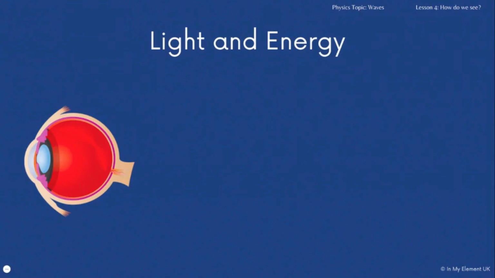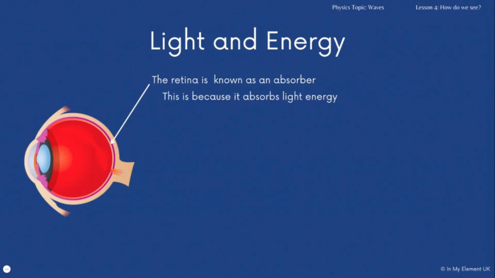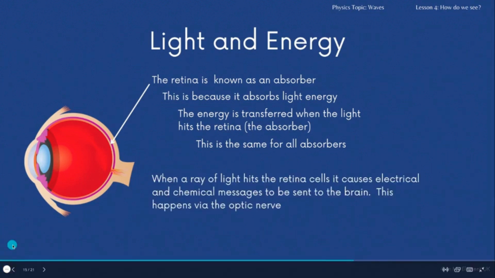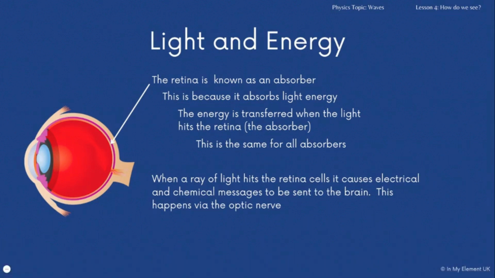Light waves carry energy. So now the retina is known as this. It's known as an absorber because it absorbs that light energy. So the energy is transferred when the light hits the retina, and it's the same for all absorbers. These messages are sent via the optic nerve, which was the part I pointed out earlier.